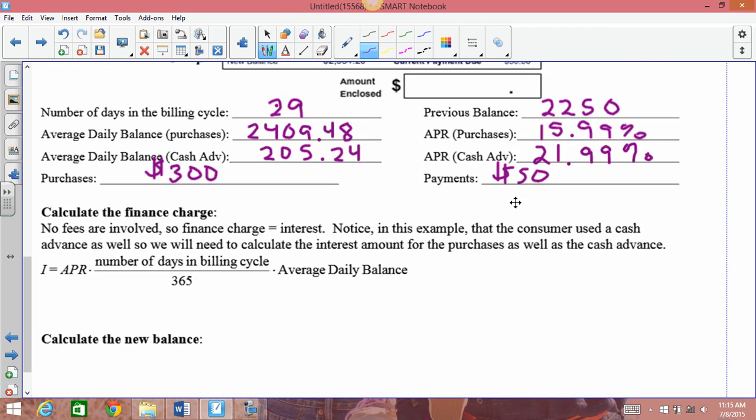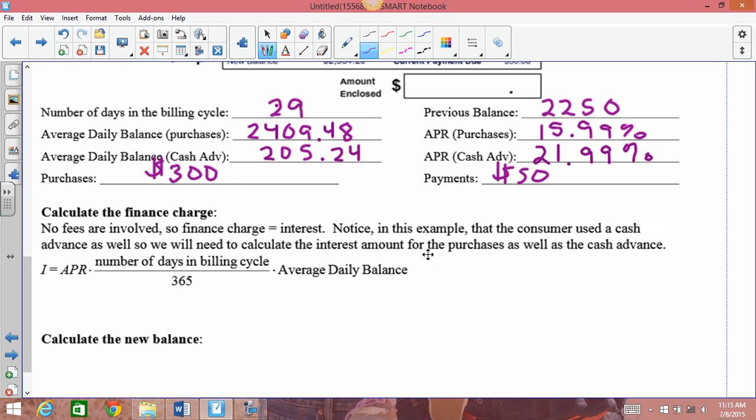All right. So no fees were involved, so the finance charge is going to be your interest here. In this example, the consumer used a cash advance as well, so we're going to need to figure out how much interest went to that as well. So we're adding two interests together. Let's first do the purchase.